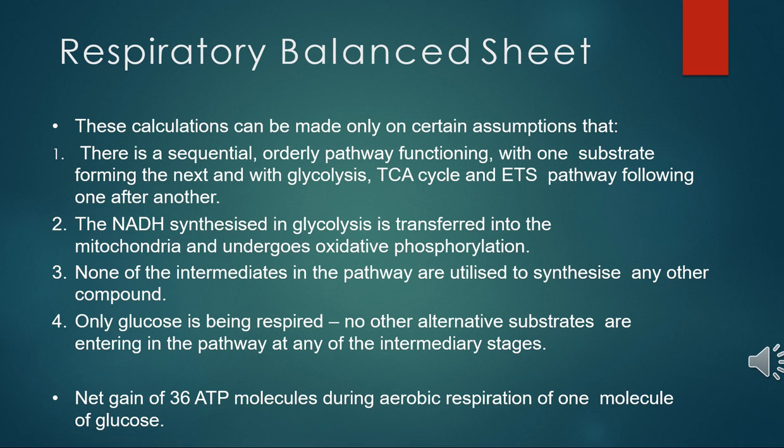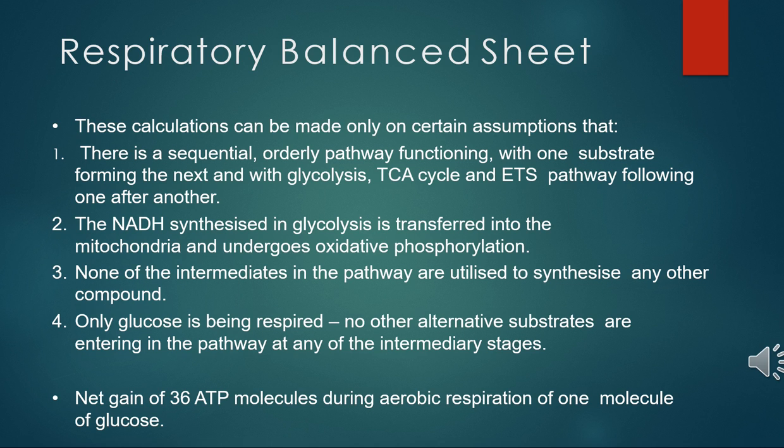These calculations can be made only on certain assumptions that take place in the cell. This is a sequential, orderly pathway functioning with one substrate forming the next, with glycolysis, the TCA cycle and the electron transport pathway following one after another. Actually, this sequence doesn't occur in the cell; this is only an assumption.